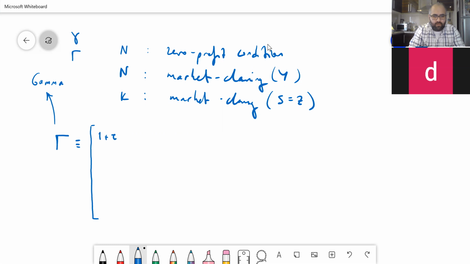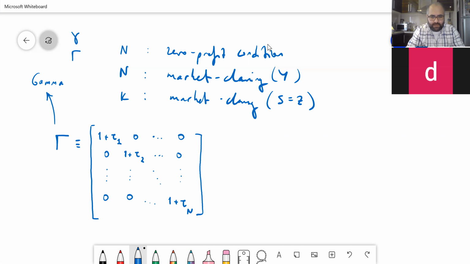We have 1 plus tau 1, 0, dot, dot, dot, 0, 0, 1 plus tau 2, 0, dot, dot, dot, 0. And at the end, we have 1 plus tau n. Okay, so on the main diagonal, we will have 1 plus the tax rates.